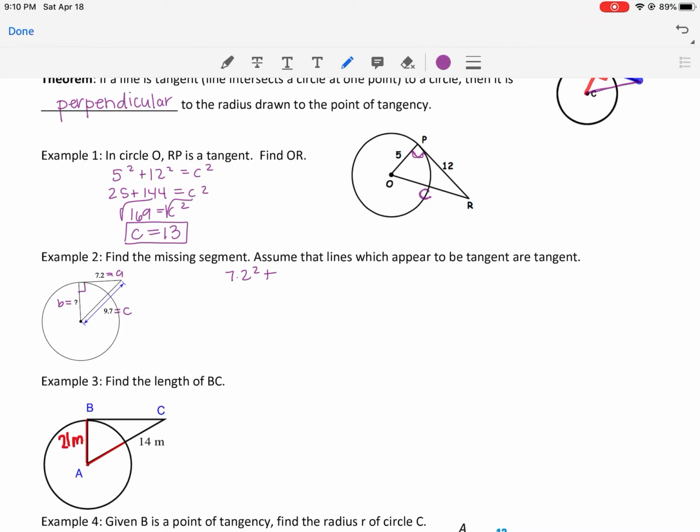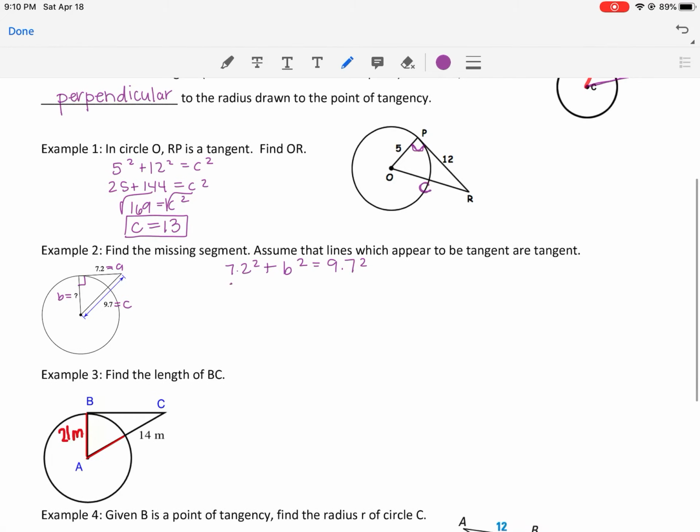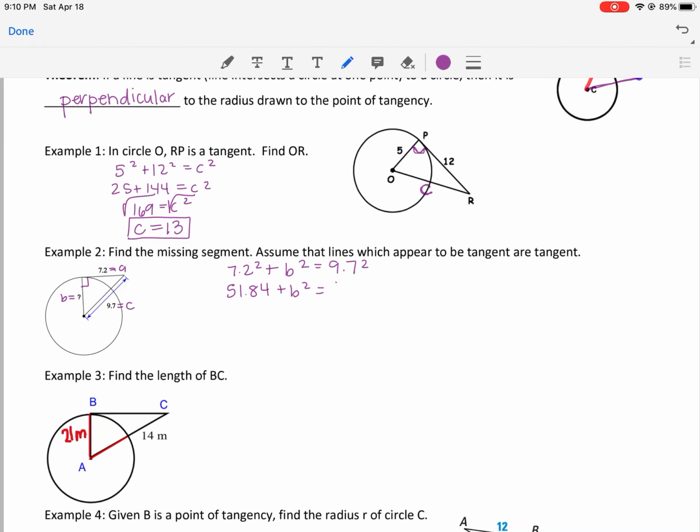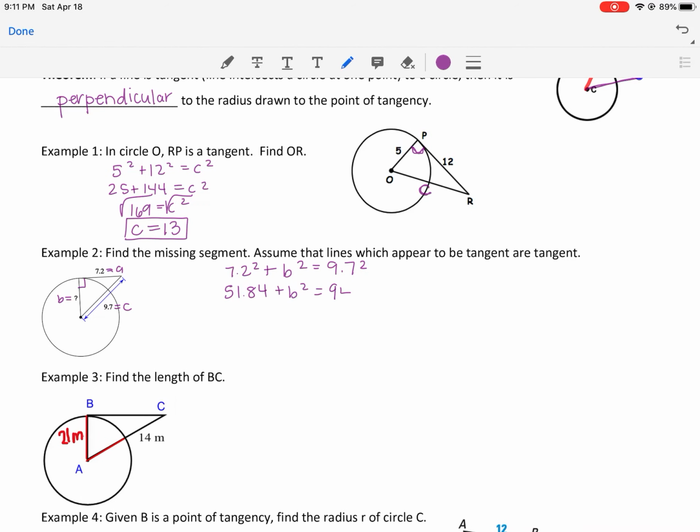So we're going to have 7.2 squared plus b squared equals 9.7 squared. So we type in 7.2 squared in our calculator, we get 51.84, plus b squared equals 9.7 squared, which is 94.09.